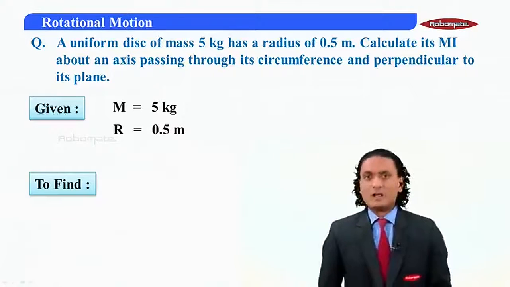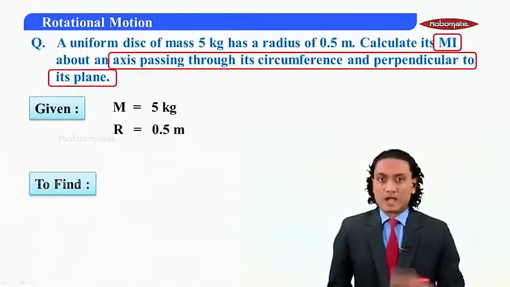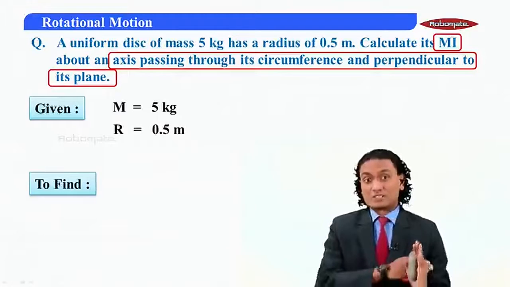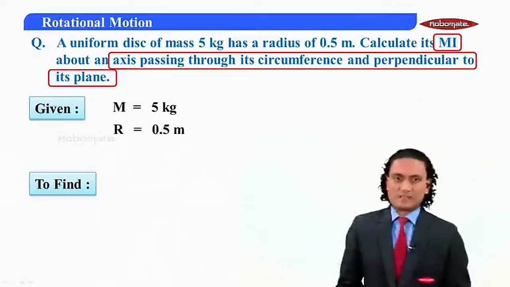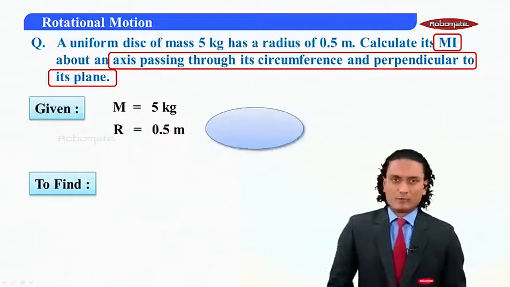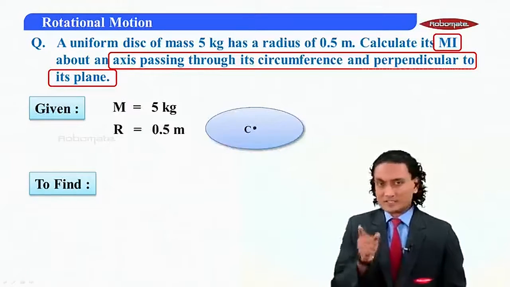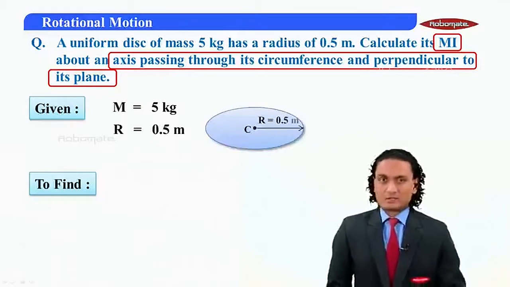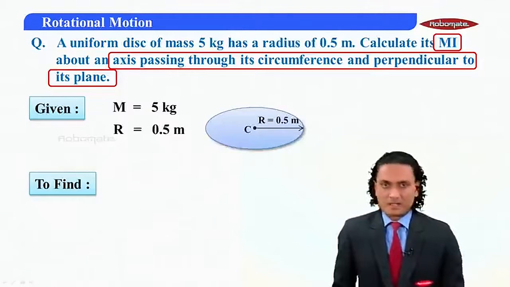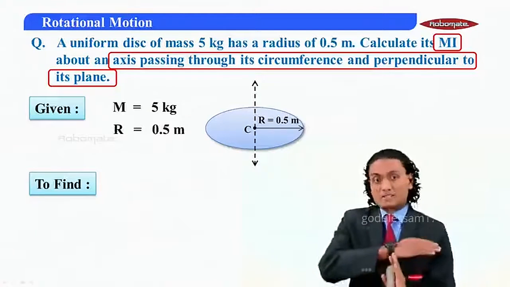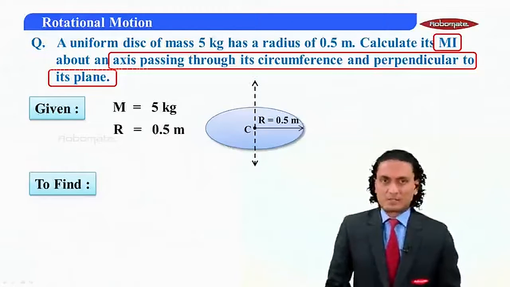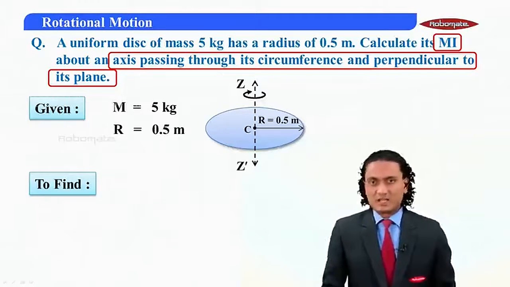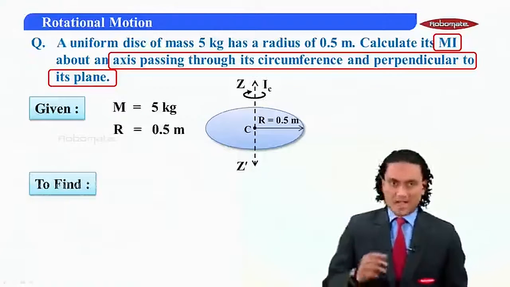We need to find out the moment of inertia about an axis passing through its circumference and perpendicular to its plane. To understand this, let me draw the diagram. A uniform disc. Point C is the center of the disc and radius of the disc is given as 0.5 meter. Now let me consider an axis passing through the center and perpendicular to the plane. If the disc rotates about this axis, ZZ dash, then its moment of inertia will be IC.